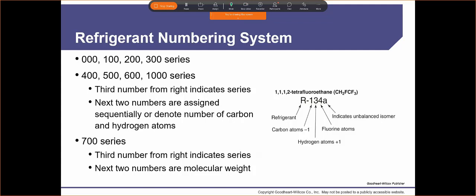I don't know if you guys are chemists or interested, but I never really cared about how many carbon or hydrogen atoms were in this, but it's explaining how we came up with R134. And then the A indicates an unbalanced isomer. I think the most important thing for you guys is to understand the different series, the 100, 200, 400, 500, 600, just being aware of what refrigerants do what.